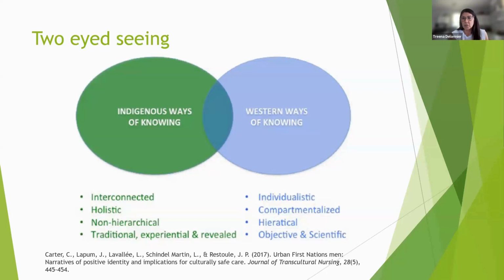And as Michael showed us in one of his slides, contrasting Western science and Indigenous ways of knowing, this is another way of showing that we can bring together the best of these ways of understanding to current problems in order to understand them better.